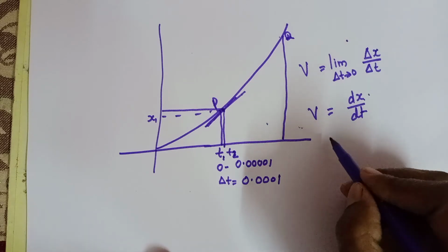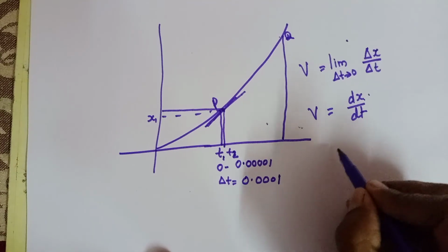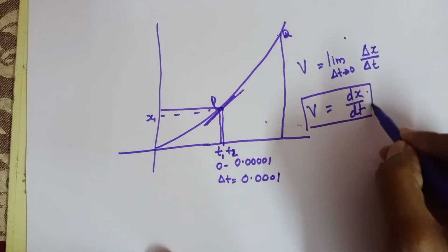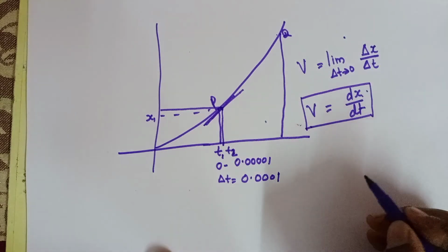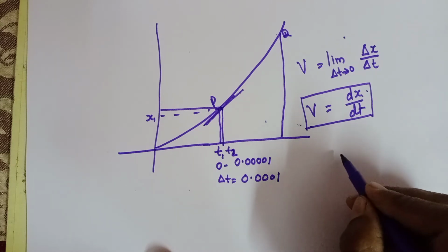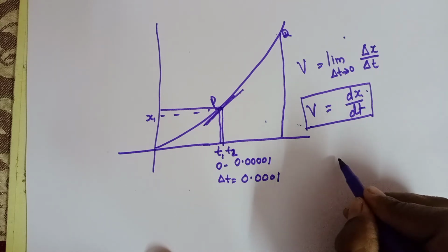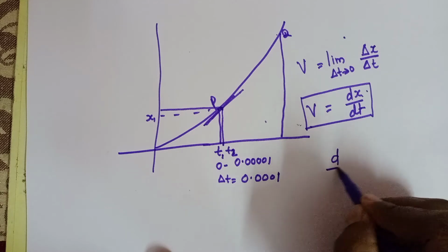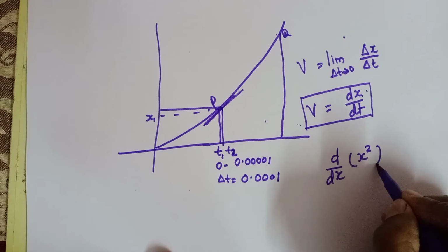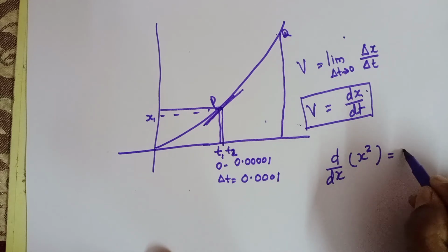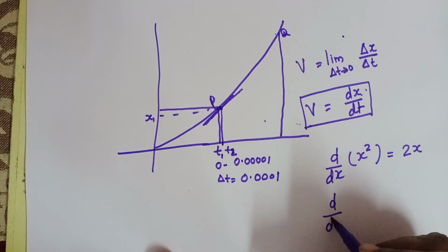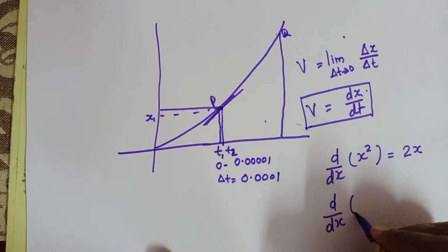It is called instantaneous velocity, and this differential coefficient we can calculate by using different formulas. For example, there are a number of formulas: d by dx of x square will become 2x.